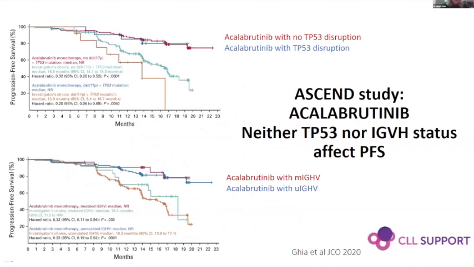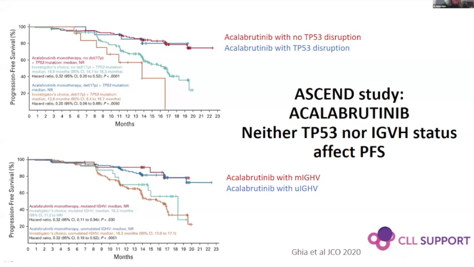Now, when we look in this ASCEND study, looking at these two high-risk features, I've already shown you with ibrutinib in the RESONATE study about the IGHV status. If we look at the bottom panel here first, just concentrating on the red and the blue lines at the top, where we're looking at the comparison of mutated IGHV or unmutated IGHV status treated with acalabrutinib, you can see those red and blue curves are overlapping.